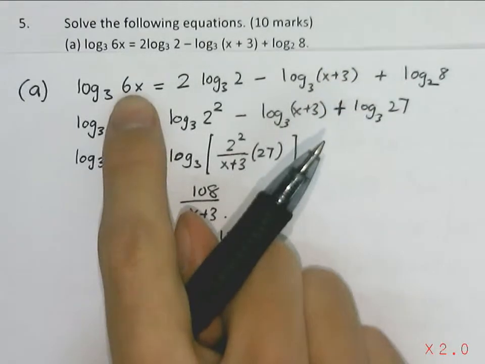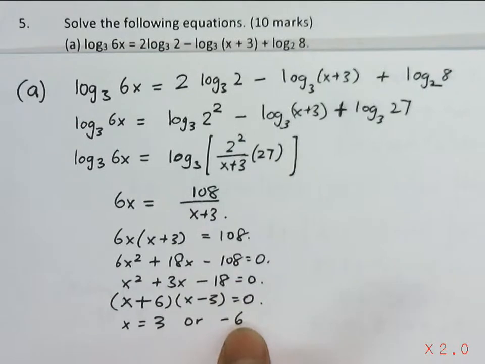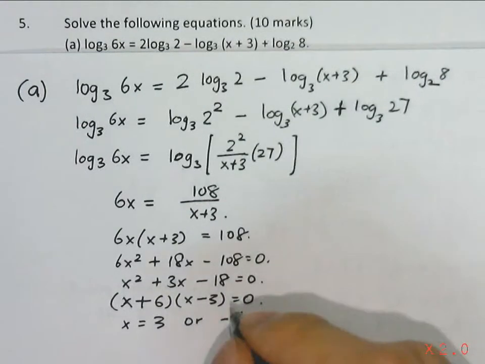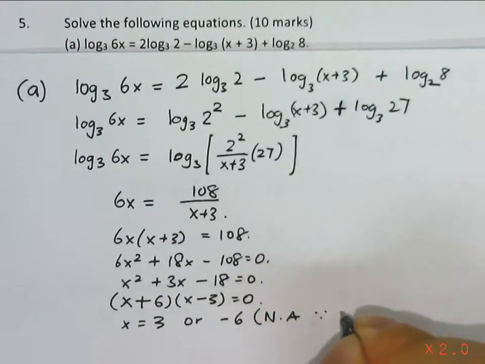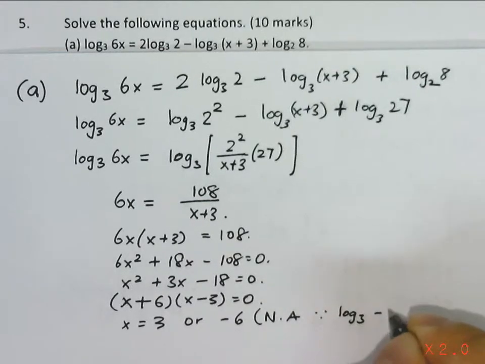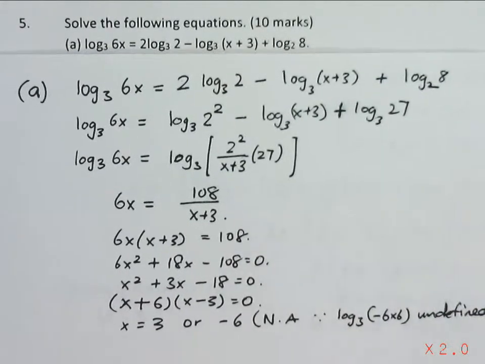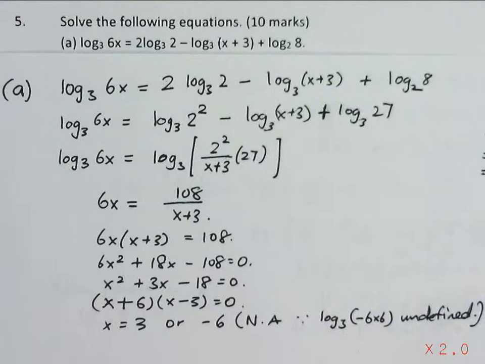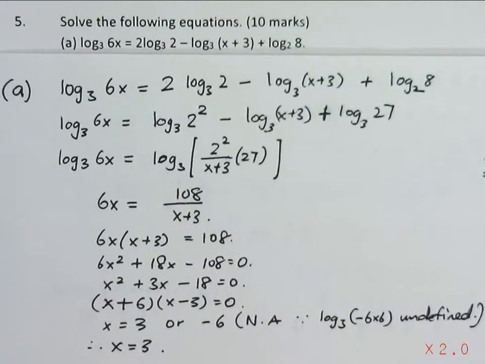Similarly, you can also check on this: 6 times minus 6 would be minus 36, which is not possible as well. So we'll reject this, or just put not applicable, because of the negative. Undefined. So x can only be 3.